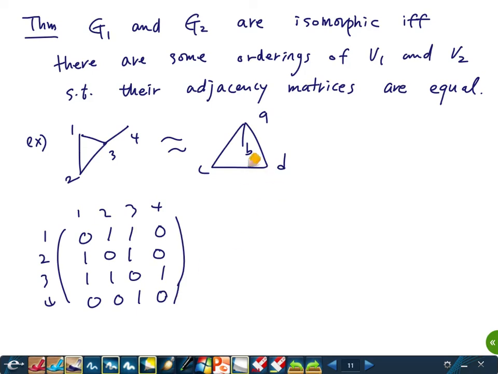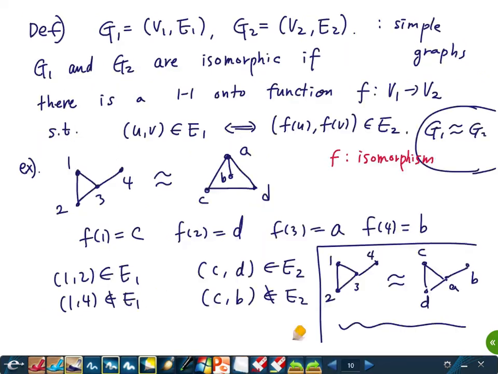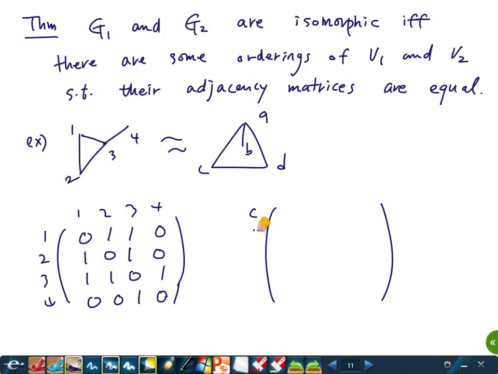If you use the ordering A, B, C, D, then the two adjacency matrices are different. But if you reorder this, the ordering is F1, F2, F3, F4, which are C, D, A, B. So let's use that ordering, C, D, A, B.